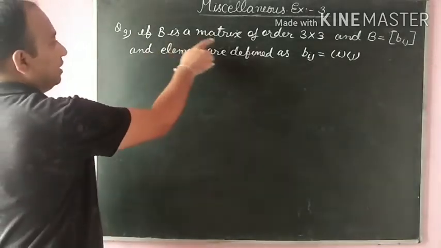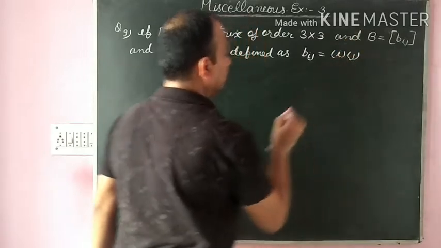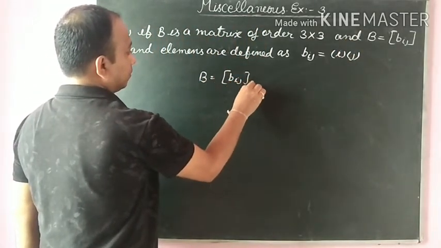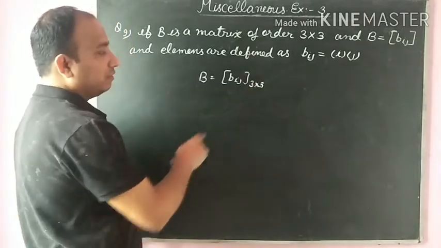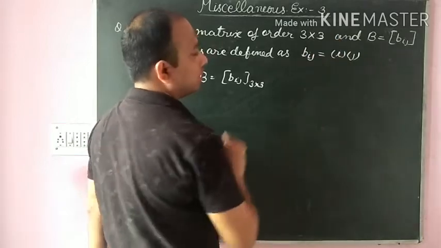Okay, if B is a matrix of order 3 by 3, and what is the value of the elements? Then the elements are defined as Bij equals i into j.